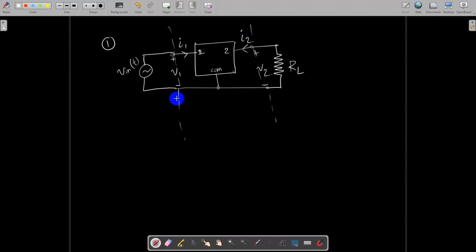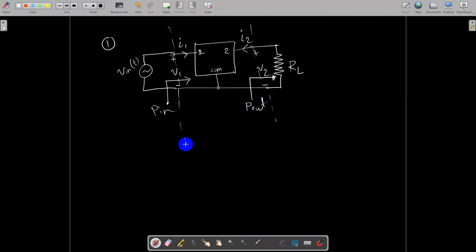Input power means I have to look in from out. So, I have to look from this side into this side. So, this is P in. Output power means I have to look out from in. So I have to look here. This is P out. Nice.